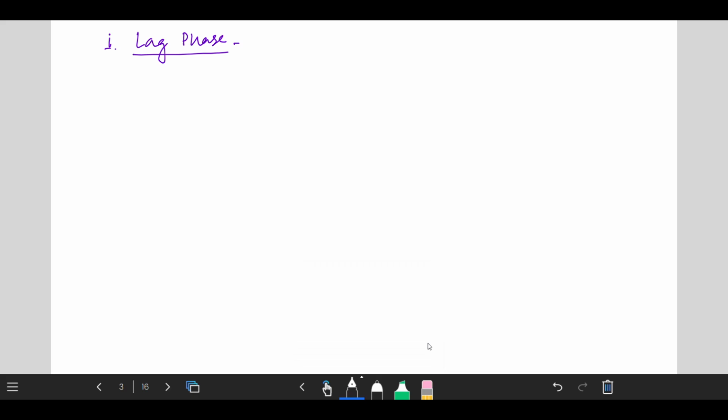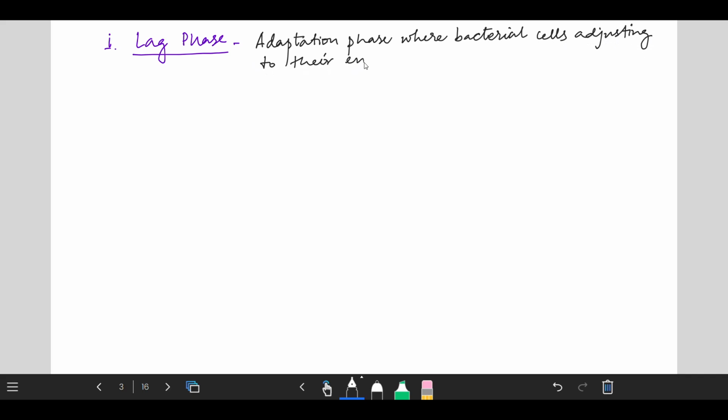Lag phase is actually an adaptation phase where bacteria are adjusting to their new conditions or environments. Okay, so it is an adaptation phase where bacterial cells are adjusting to their environment.